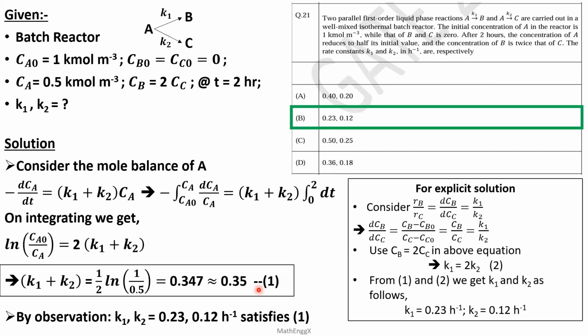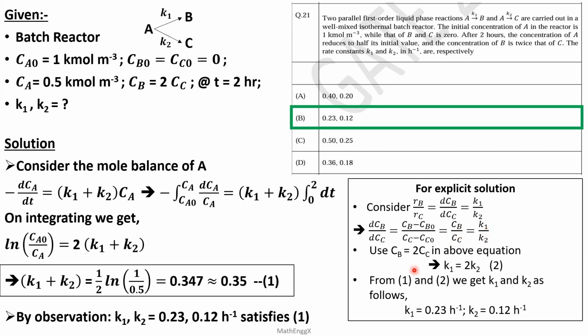However, for an explicit solution, one can look at the ratio of rates of formation of B and C, which is dCb by dt divided by dCc by dt, equal to k1 Ca by k2 Ca. We can cancel out dt on the LHS and Ca on the RHS, and we get k1 by k2. Now expanding dCb and dCc, we get Cb minus Cb0 in the numerator, and in the denominator we get Cc minus Cc0. Given Cb0 and Cc0 are 0, we get Cb by Cc is equal to k1 by k2.